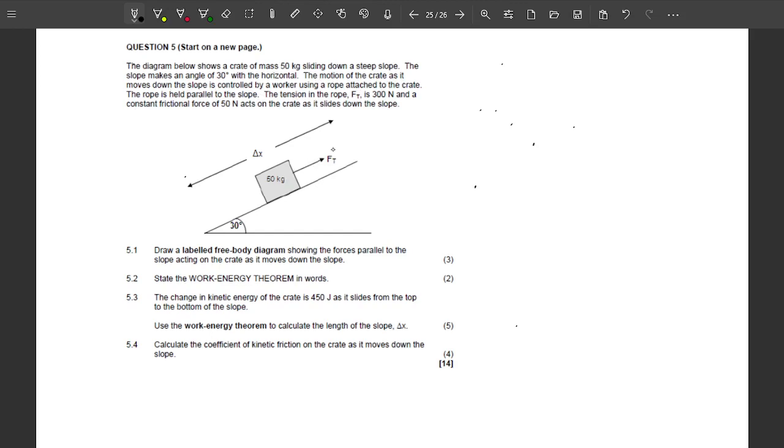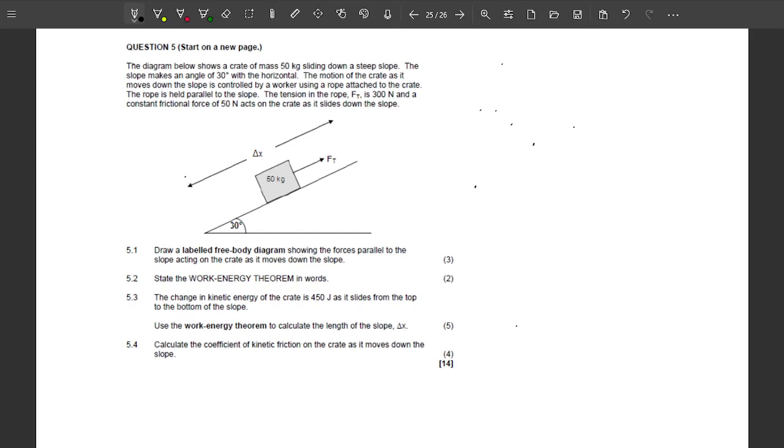So there's some tension: the worker is pulling upwards with a force of 300 newtons, and there is a constant frictional force of 50 newtons on the crate as it slides down. So some dude is pulling up with a rope, hence tension, and there's friction as it slides down the slope.